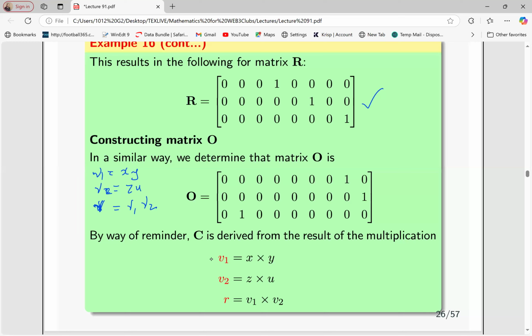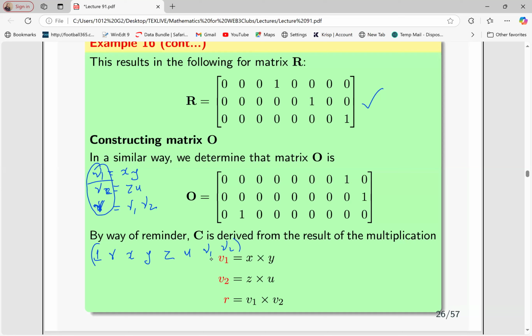What was our witness? Our witness was 1, R, X, Y, Z, U, V1, V2. This was our witness. Now, our outputs are on the left side.